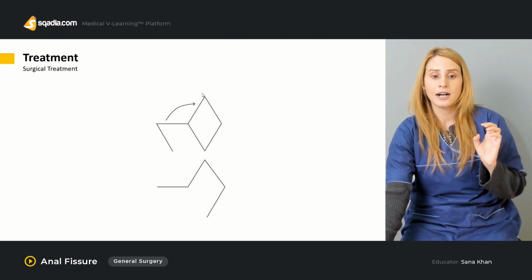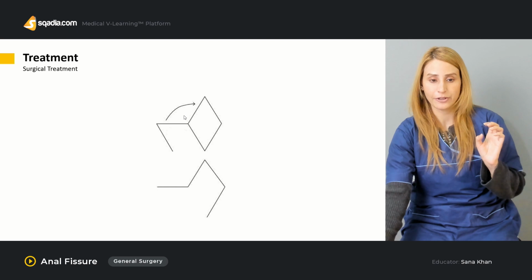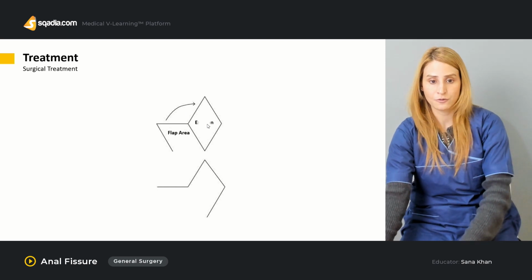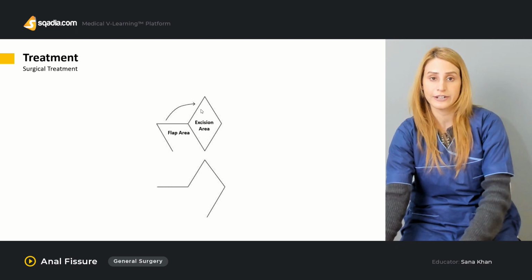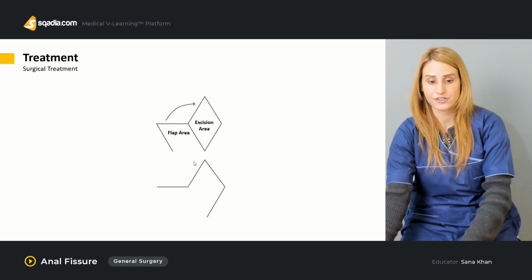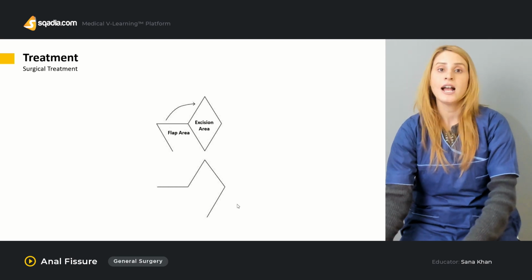This was the excision area, and you extend it all the way here, and this was the flap area. After the excision, you stretch one corner of this flap to the excision area, and you try to cover it. You bring this area all the way here and put it.